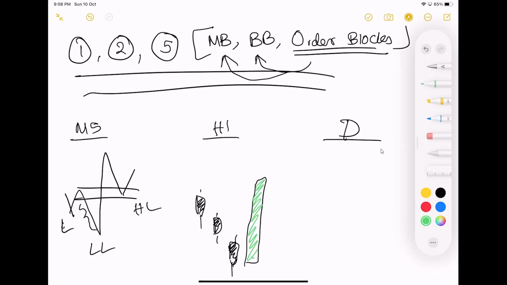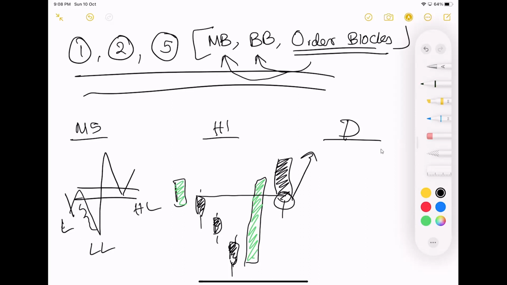Then price comes back down into the breaker, with another candle over here, and it rejects from this particular portion of price, and then it continues to go up.